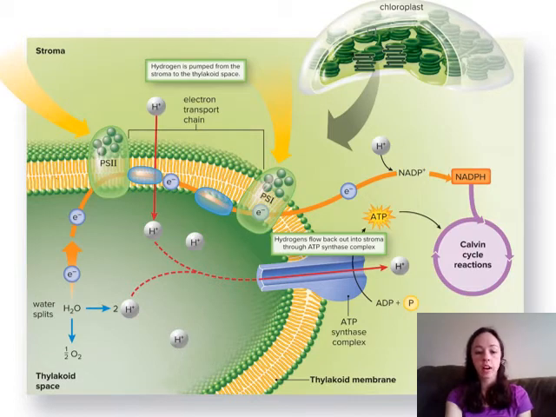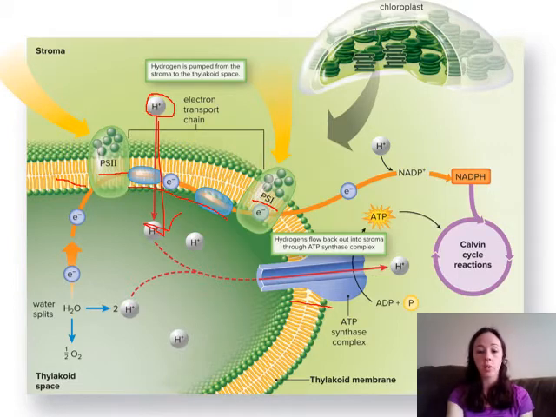So here we have our thylakoid membrane, and we have our photosystem 2, our electron transport chain, our photosystem 1, and our ATP synthase, all located within that thylakoid membrane. As water is broken apart, our hydrogen ions are going to be pumped into that thylakoid space as the electrons flow through the electron transport chain.